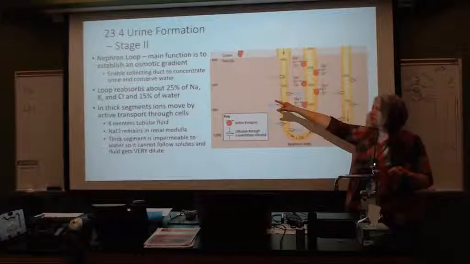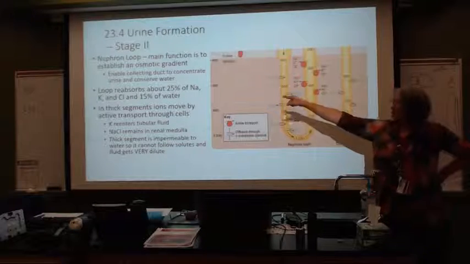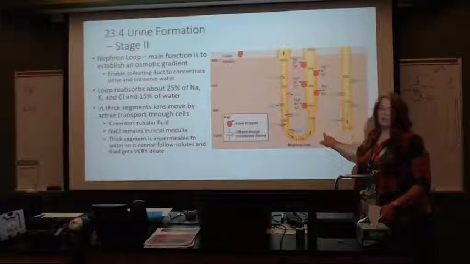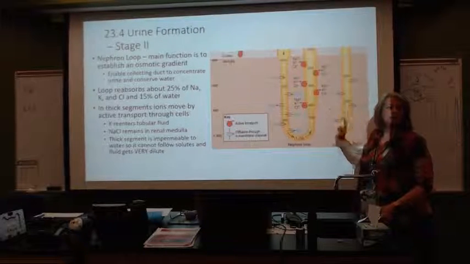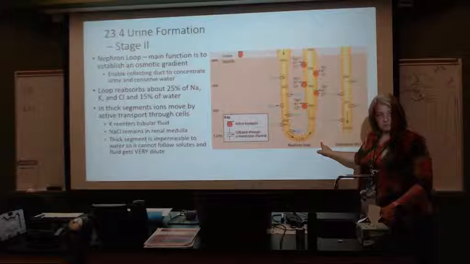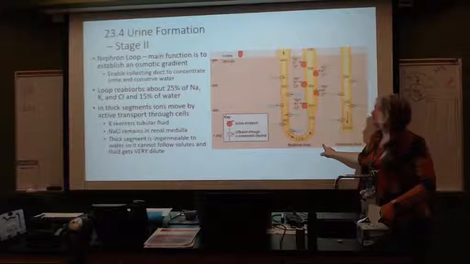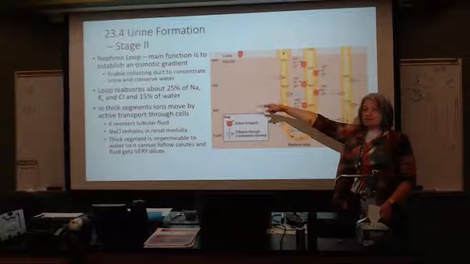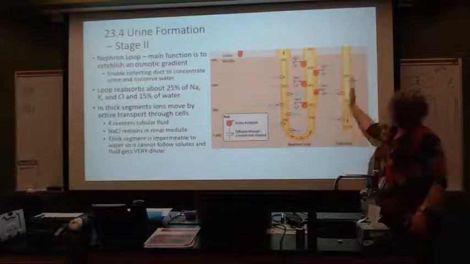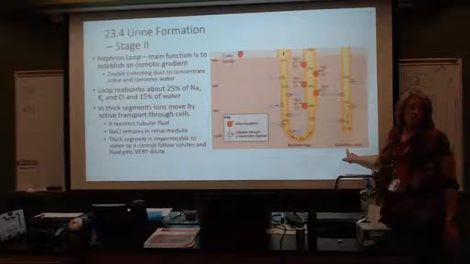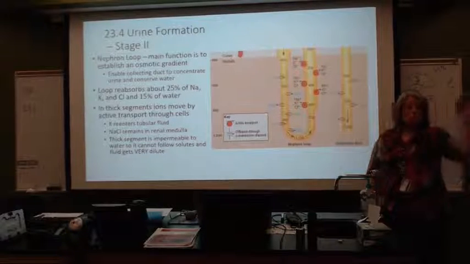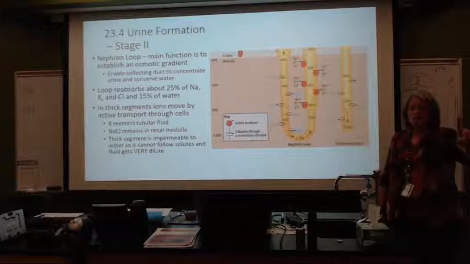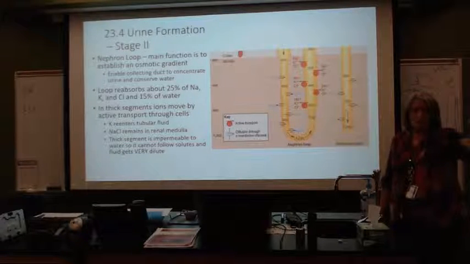So in the nephron loop, I need to make sure that I get an osmotic gradient, movement of water. Does that make sense? So that what eventually makes it to the collecting duct has low water levels. Because of that 180 liters, I should get 1 to 2 liters of urine per day.